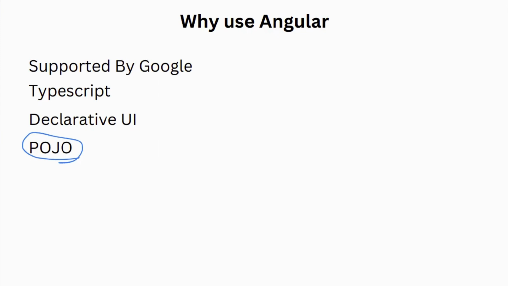POJO full form means plain old JavaScript object, sorry for the handwriting, which enables object manipulation by providing all the conventional JavaScript functionalities.